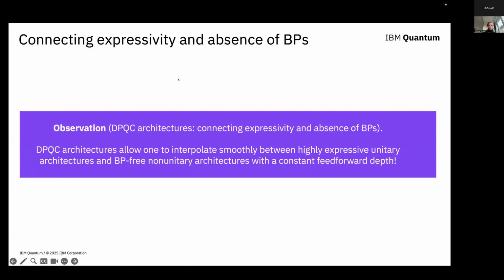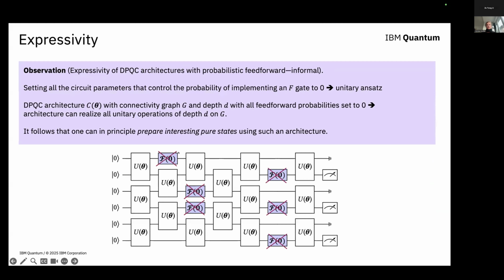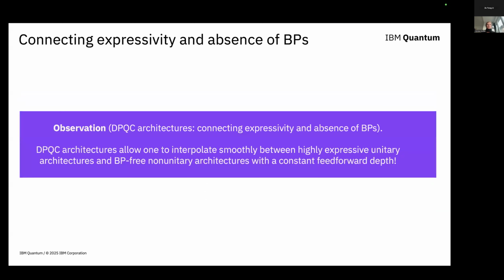Good. And this again provides this nice connection about the interpolation properties, namely that by having a model that tunes the parameters of how the feed-forwards are applied, we can have a smooth transition between the provably Barren plateau free and the very complex scenario.